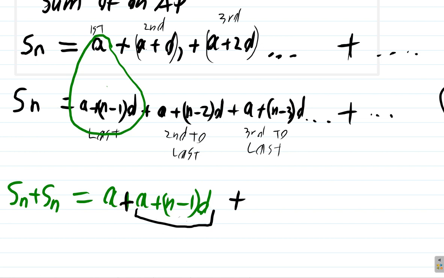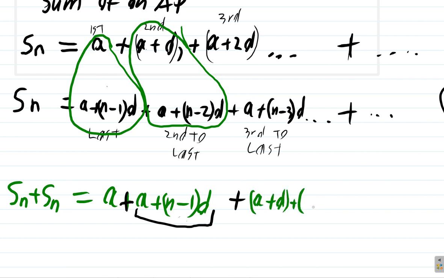Plus now, we add the second term and the second to last term. So we have A plus D plus A plus n minus 2D. You see that? Plus.